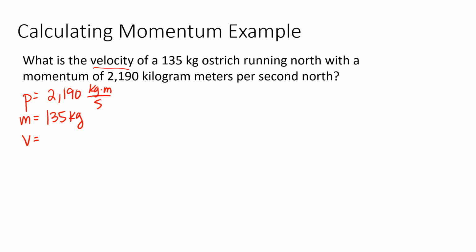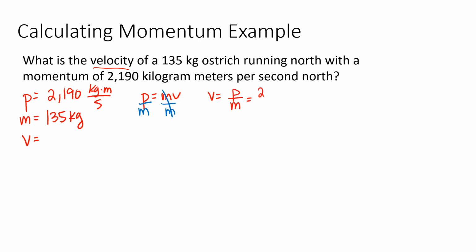So with this, again, I look at it, everything's in the correct unit. So I know I can go ahead and use my formula. I do need to get velocity on a side by itself. In order to do that, I'm going to divide both sides by m, or divide both sides by mass. They're going to cancel out on the right, and this is going to leave us with velocity equals momentum divided by mass.